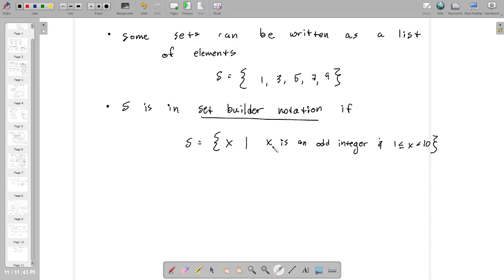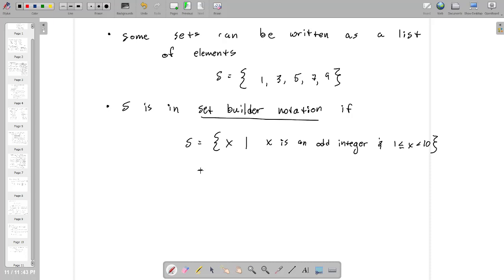Not that it matters because we already stated that x is an odd integer. So set builder notation is what you're listing with a variable, and then the conditions that restrict that variable to the values, to the elements, to the objects that you want. So over here we have a list of characteristics that this variable needs to satisfy in order to be considered within the set.